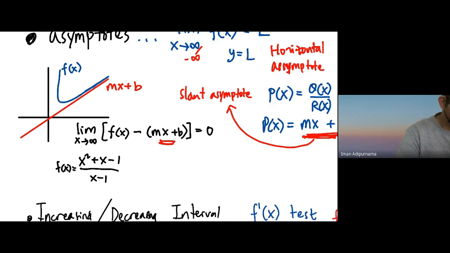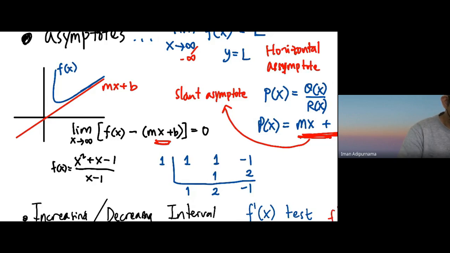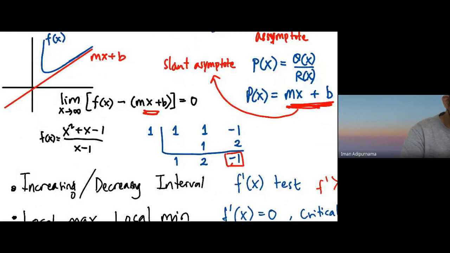We divide the x squared plus x minus 1, or you can use polynomial division. Let me show you: 1, 1, negative 1. So it should be having a remainder here.